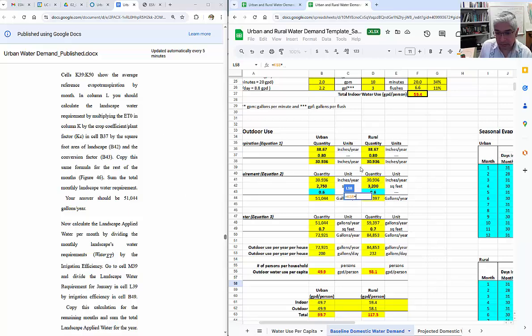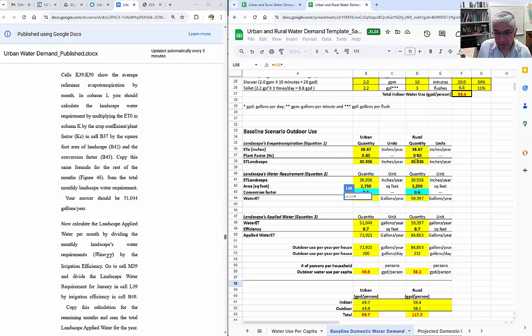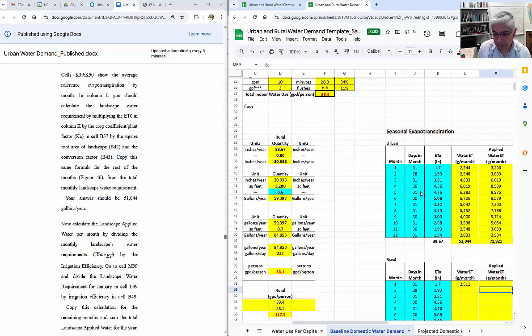So that is the ETO times the crop coefficient, which is this, times the area, okay, this times the area times the conversion factor.